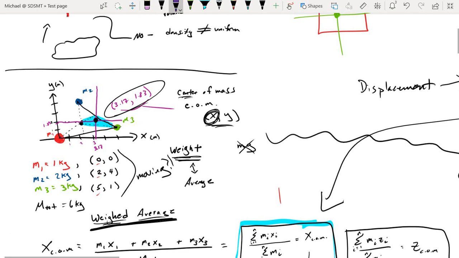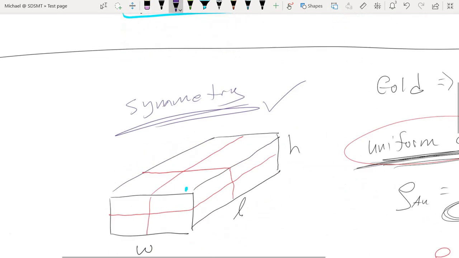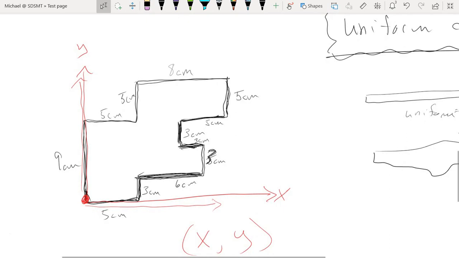So up here where I had masses 1, 2, and 3, could I somehow figure out a way of representing this as a system of particles? And at first you might say, well, this piece of sheet metal, it must have billions of particles in it. I don't want to do that. But here comes the idea behind center of mass.